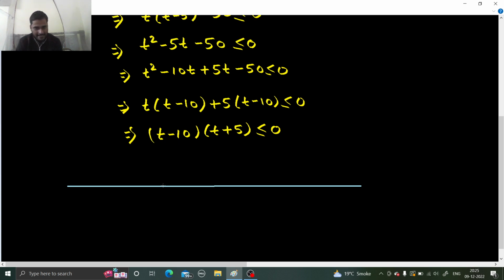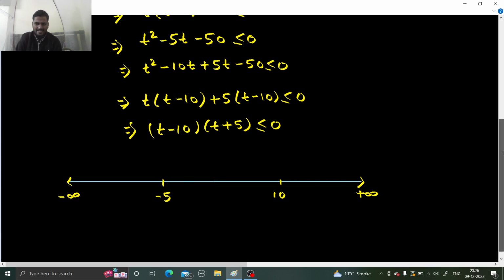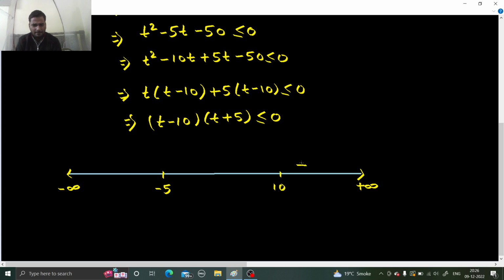So you'll get -5 and 10. So -5 is here and your 10 is here. The ends are plus infinity and minus infinity. The sign will be plus minus plus, because it's the simplest case.